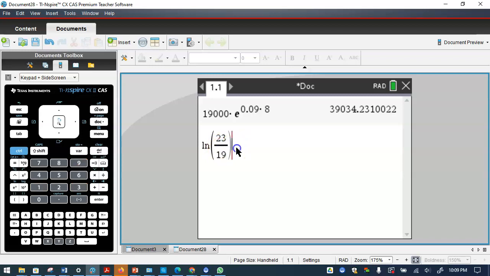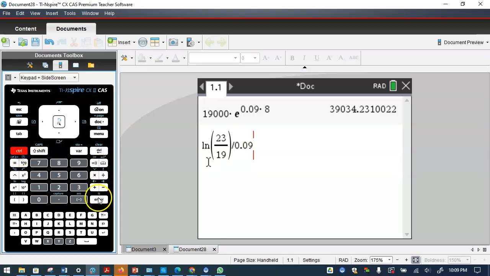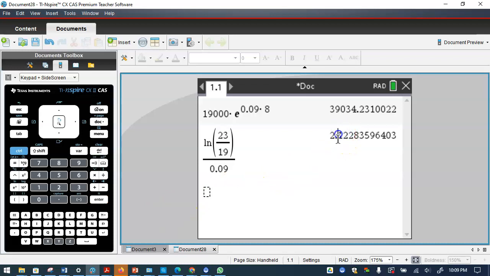And then this whole thing again divided by 0.09, and then control enter, and you get 2.1. The question asks to round to one decimal place, so we can round it to 2.1.